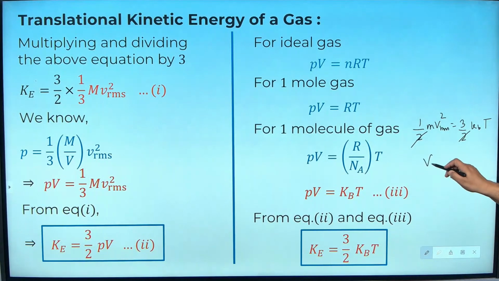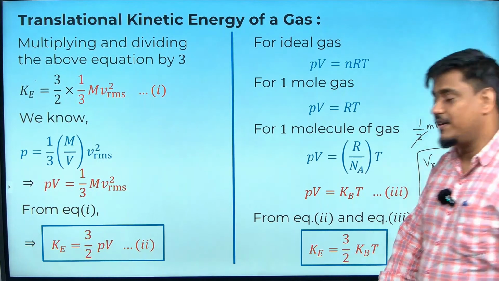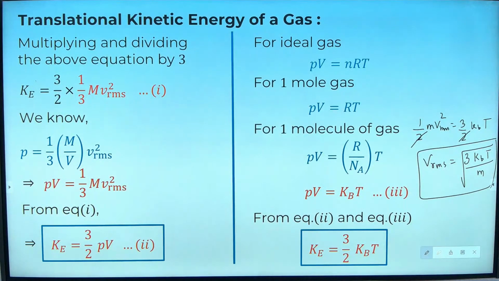We can write the Vrms formula from here. Vrms will become equal to root over 3 kT by m. They'll use it in some questions. Now Boltzmann constant is known to you. Temperature is what you are giving, and m is the mass, molecular mass, obviously.